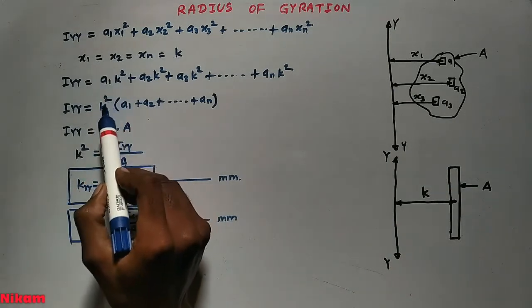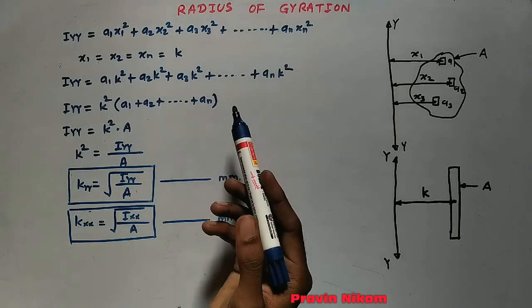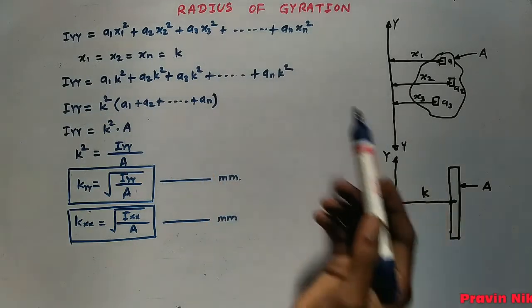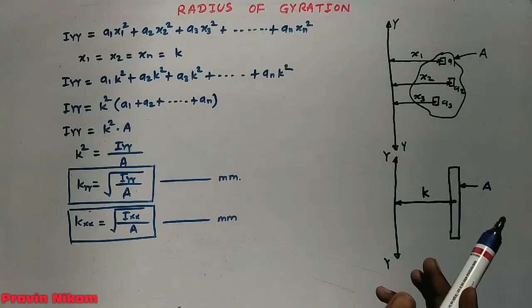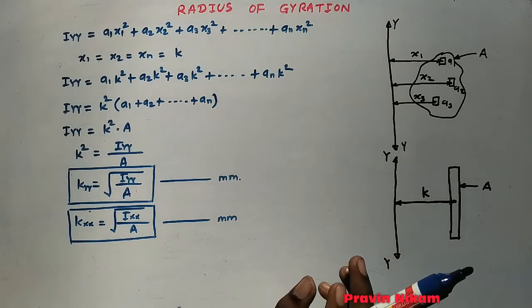If you take k, there is no change in moment of inertia. That concept is called radius of gyration, so that k is called the radius of gyration.